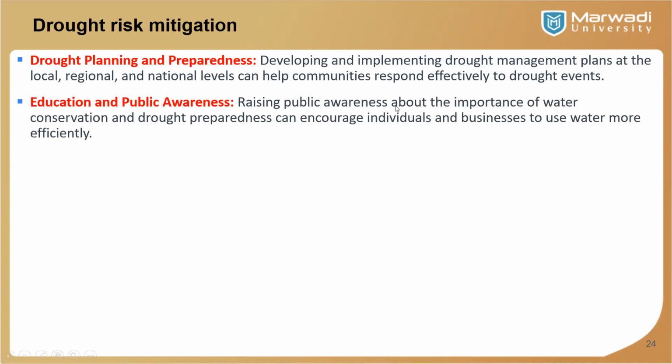Another thing is education and public awareness about the usage of water, the importance of water conservation, and how it could be helpful if a drought or such a disaster takes place. This kind of preparedness can encourage individuals and businesses to use water more efficiently.